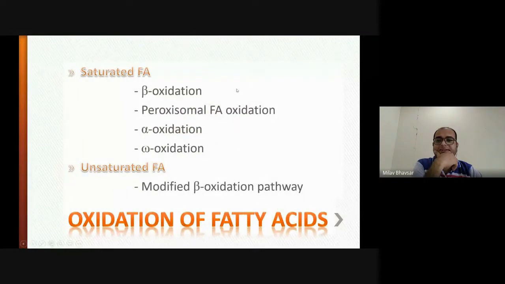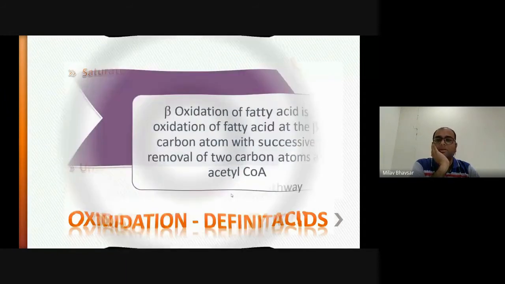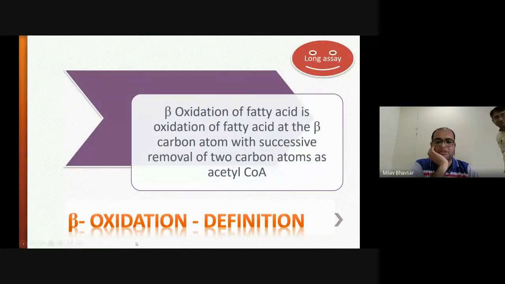Saturated fatty acids go through beta oxidation, peroxisomal fatty acid oxidation, alpha oxidation, and omega oxidation. Unsaturated fatty acids go through the modified beta oxidation pathway. So we'll start with beta oxidation. Here, fatty acid oxidation starts with the beta carbon, if you remember the omega scheme of nomenclature.